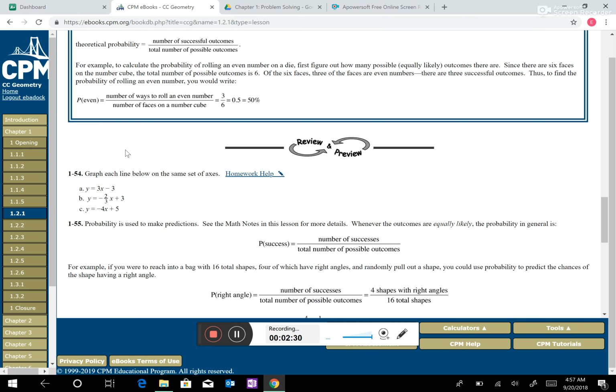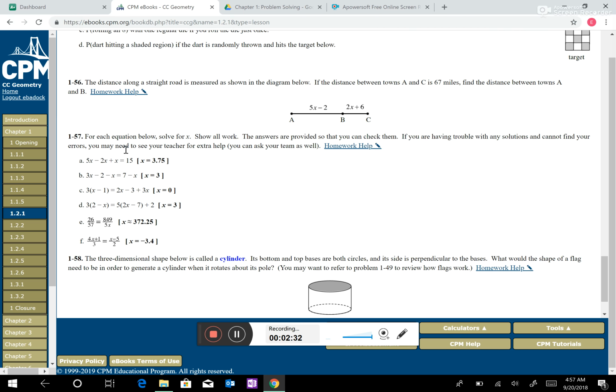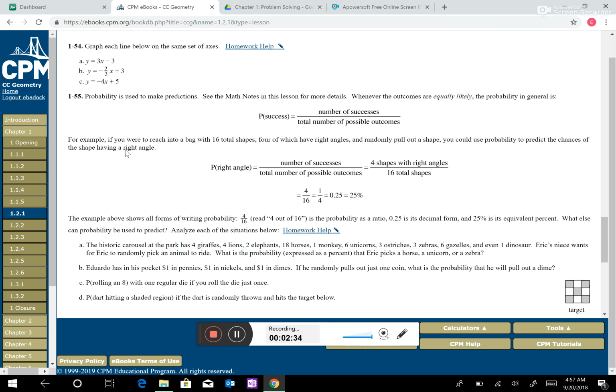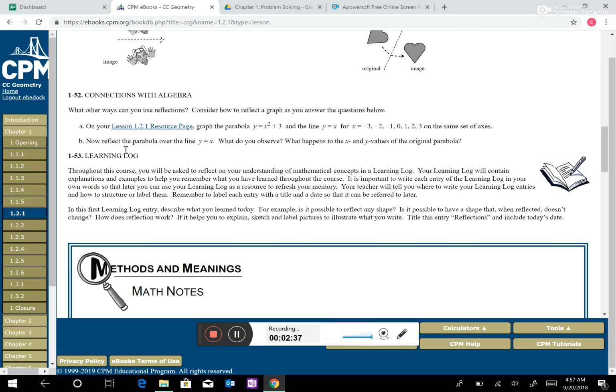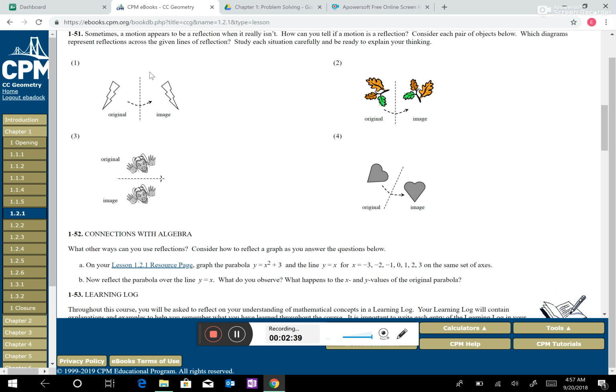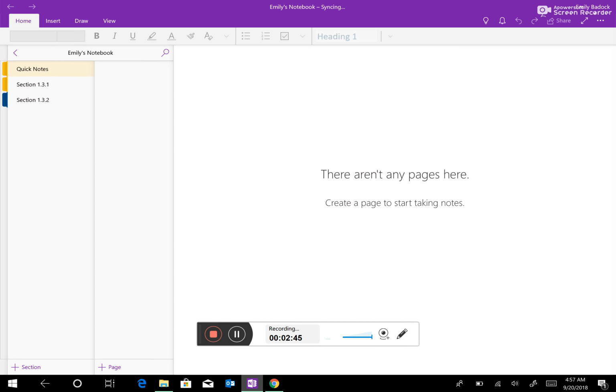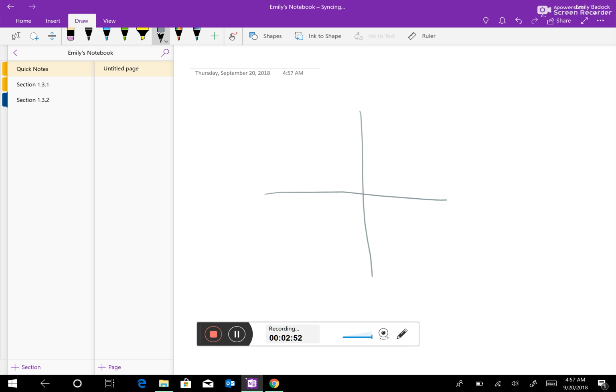If you are looking at your examples, here are good ones. So remember, let's say you have your grid here.